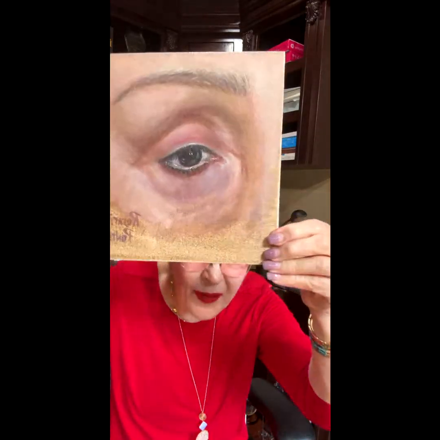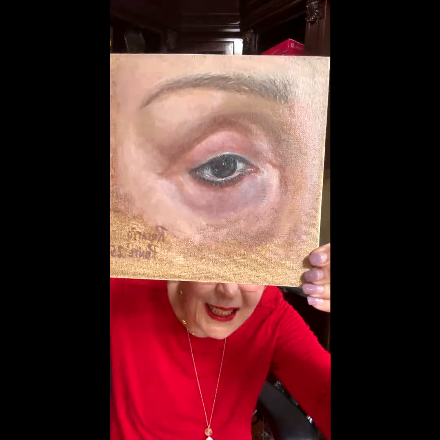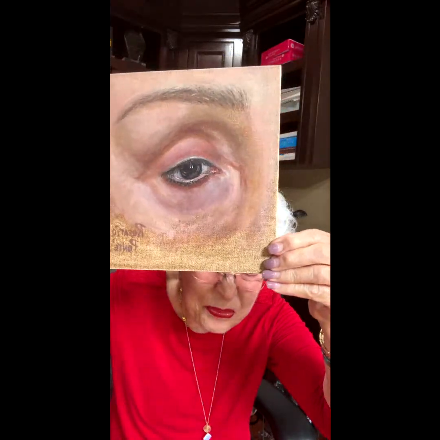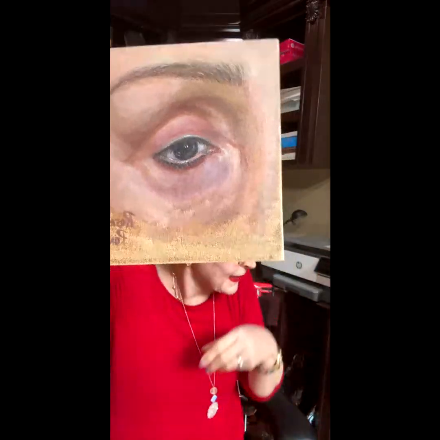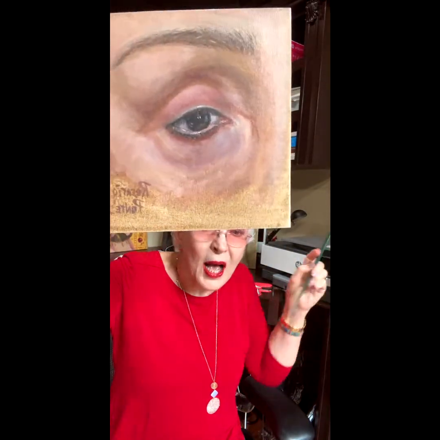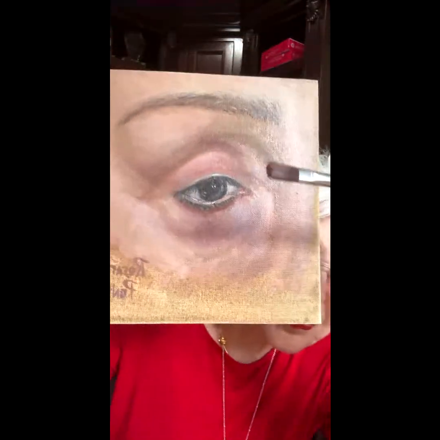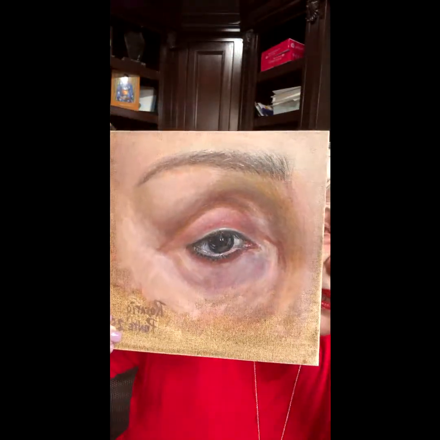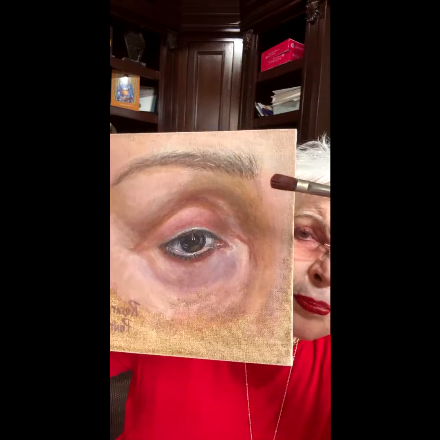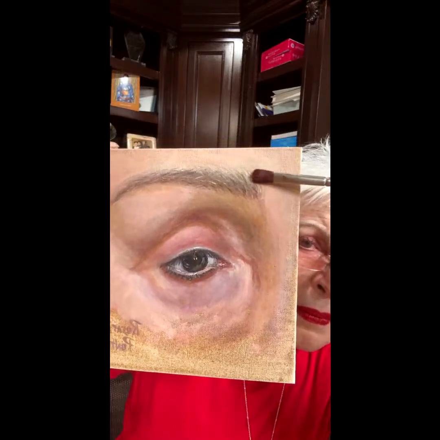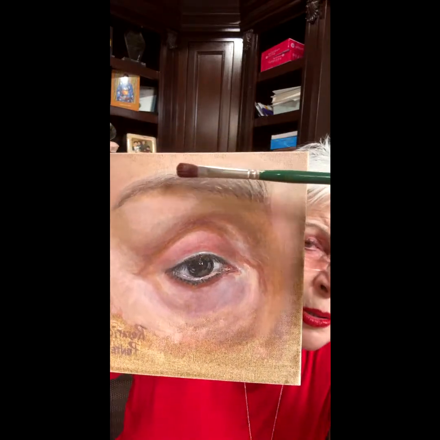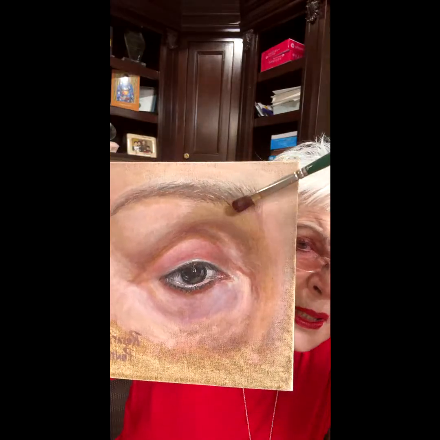This is an example of an eye that I painted. And in here, you can see very clear how I use, let me put it this way, for the eyebrows, I use the brush.